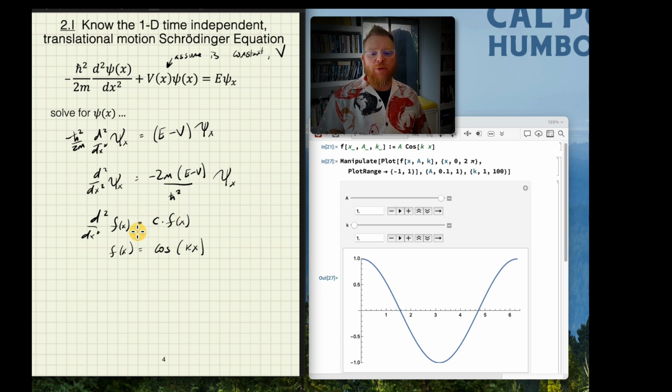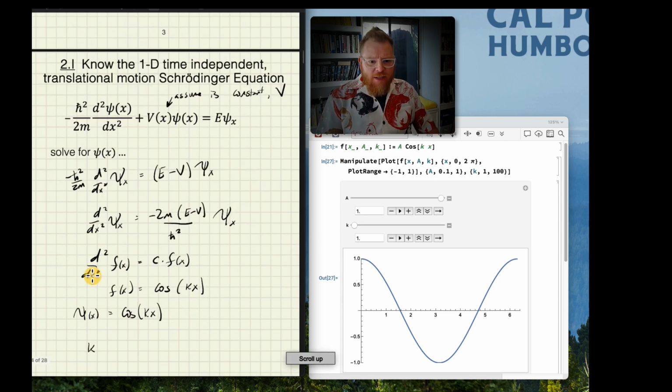And if now I plug that in to be more specific for what we just did, we'll rewrite that as psi of x equals cosine of kx, where my k is actually the collection of all of these constants.